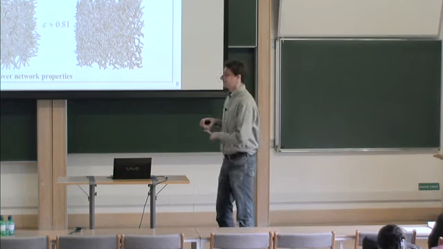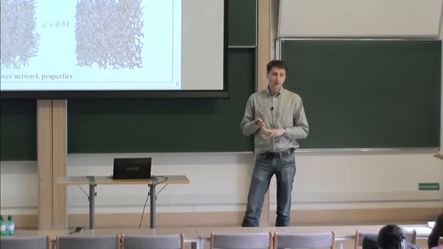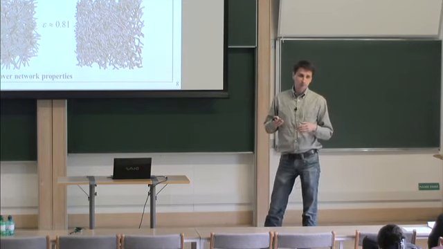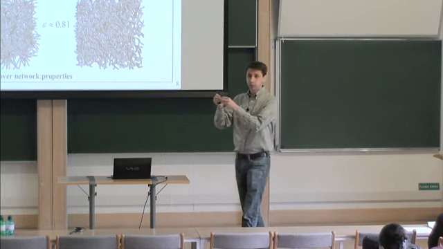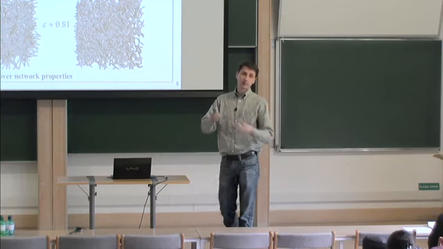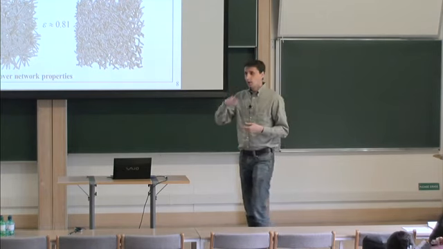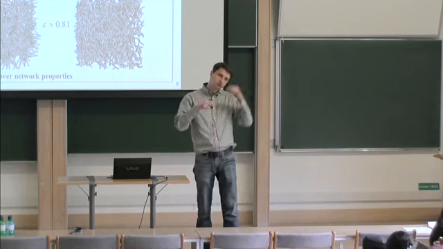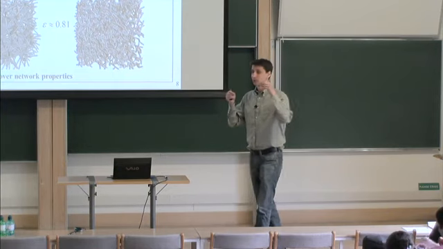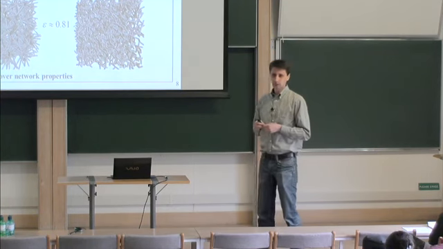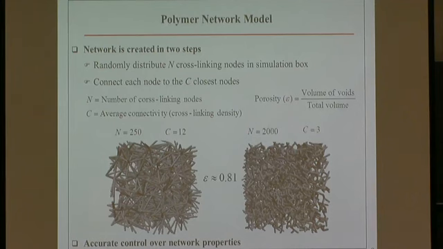So crosslink density and average connectivity, right? So crosslink density tells how many points, how many crosslinks we have per unit volume, and average connectivity tells to how many crosslink points each crosslink point is connected. Okay? So there are two parameters essentially for our model, and these are two examples of the network we generated.